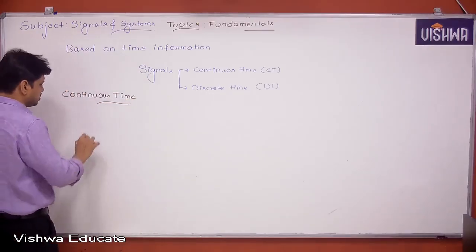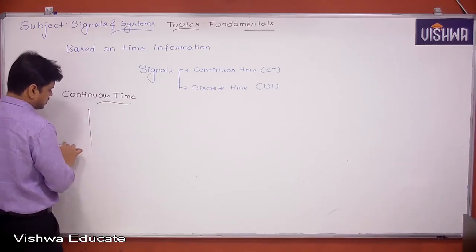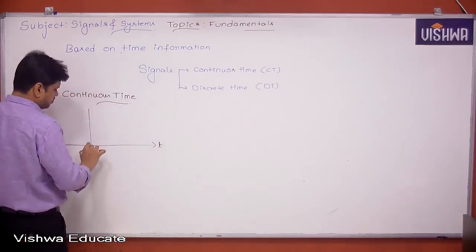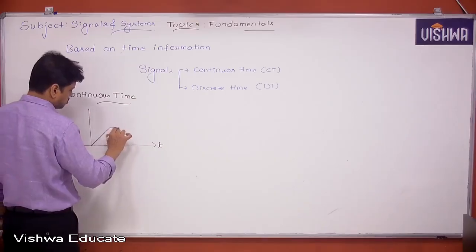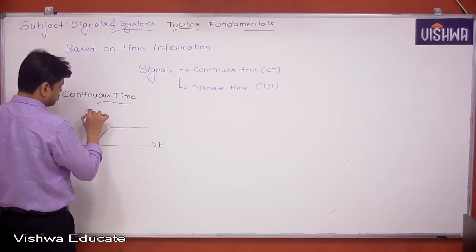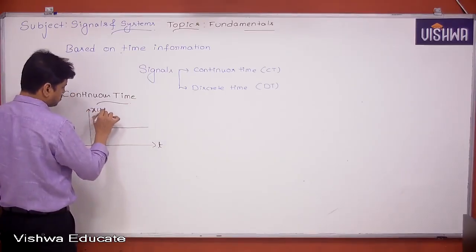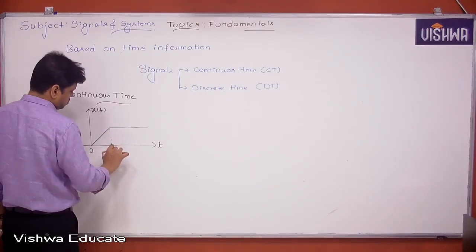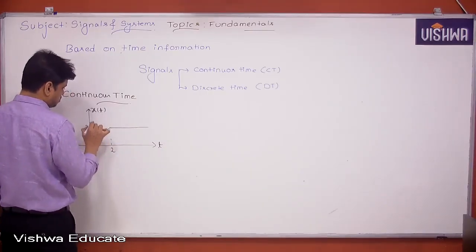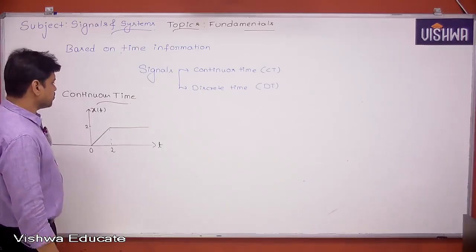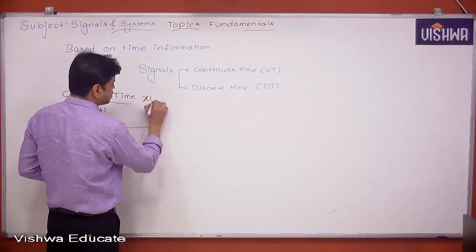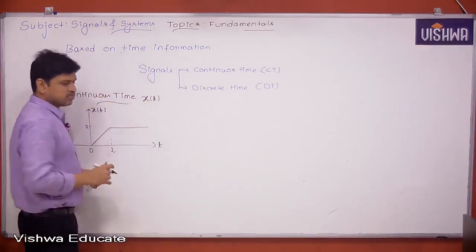Suppose let's take one example so that you can understand easily. Usually continuous time signals can be represented with x of t.